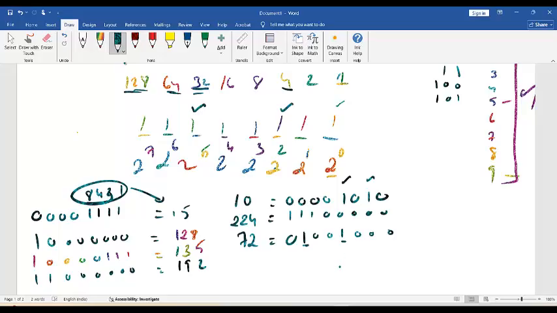Correct. It is 72. 64 plus 8 is 72. Very correct.